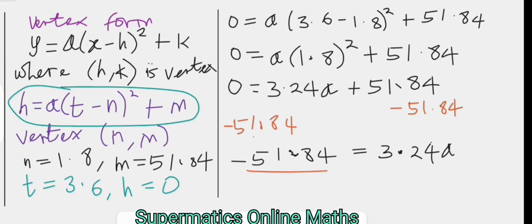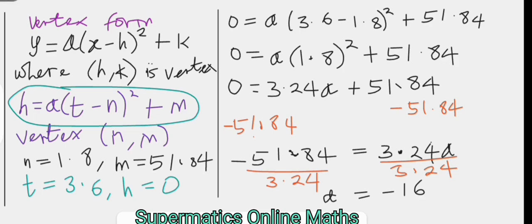Then we divide both sides by 3.24. A, the leading coefficient, is negative 16.